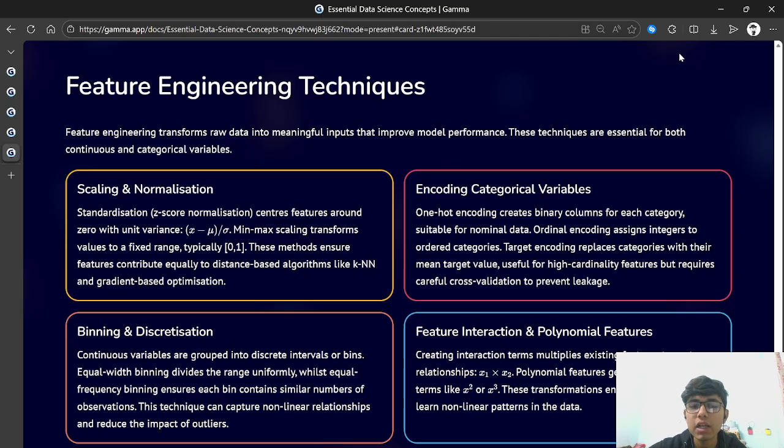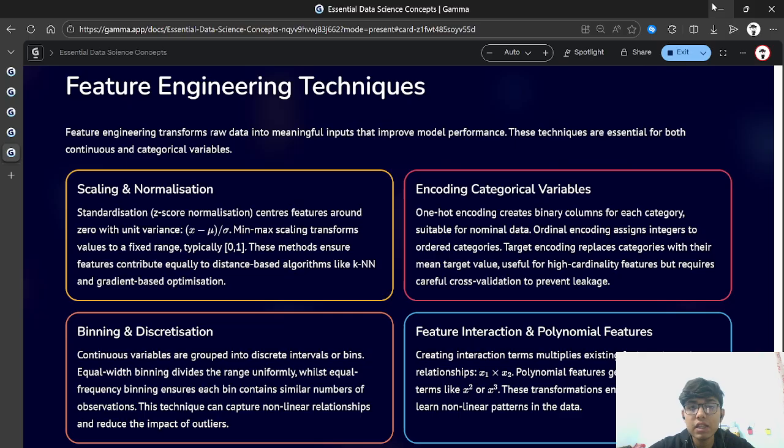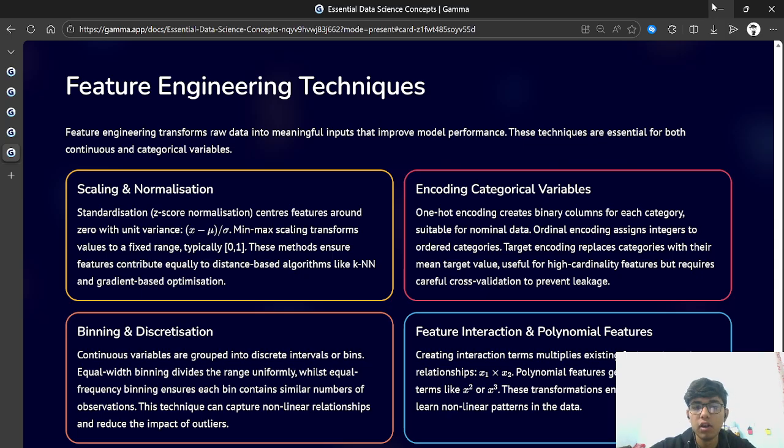These transformations are particularly important for algorithms that are sensitive to feature magnitude, such as gradient descent, optimization-based or distance-based models. As an example, salary versus age can overshadow the outcome of the model if we are using a distance-based or gradient descent model, because the features are too overpowering.